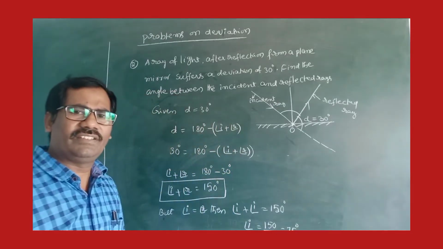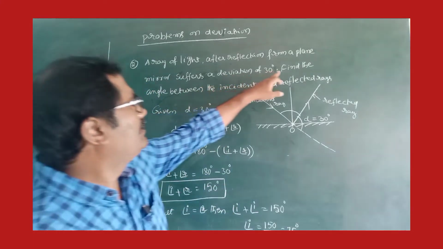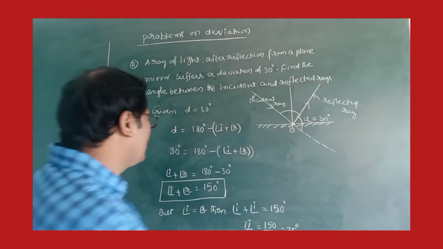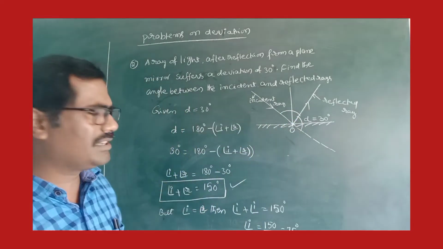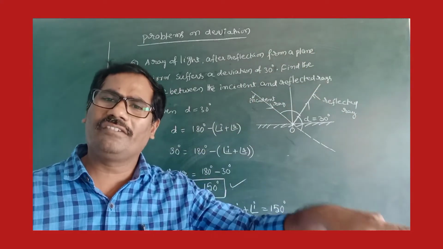That is the angle of incidence. But the angle between the incident and reflected rays is 150 degrees. It is also finished. But in the case of, what is the angle of incidence? What is the angle of reflection?